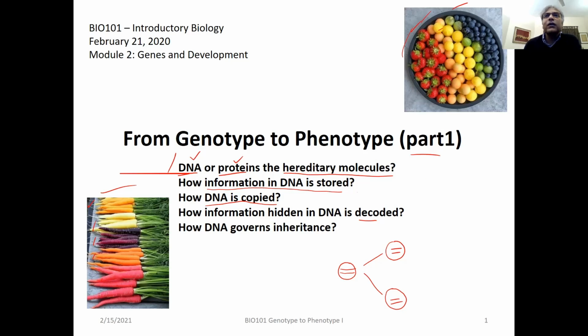And we see this kind of phenotype, the appearance. This is due to decoding of the DNA of strawberry, of lime, or this berry, or carrots. The second part will be on Friday. We will learn about this decoding of information, and that is called the central dogma of molecular biology. So today we are going to start learning these three particular concepts.